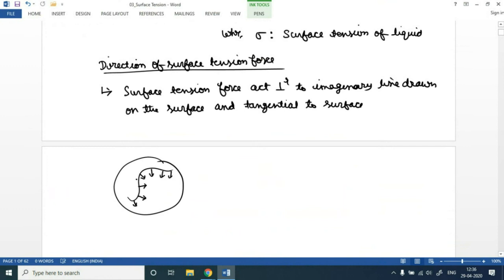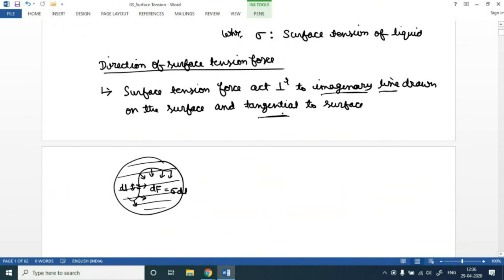Whatever is the length of this line, at any position let's say the length is dl. Then dF is equal to sigma times dl, and let's say this is an open surface. So we understand that it is going to act perpendicular to whatever imaginary line we are drawing, and it will be tangential to the surface as well.